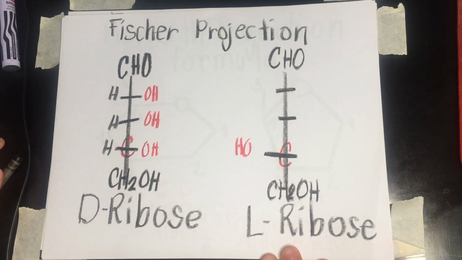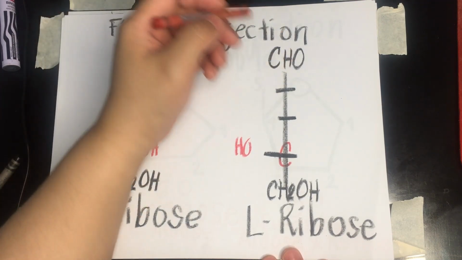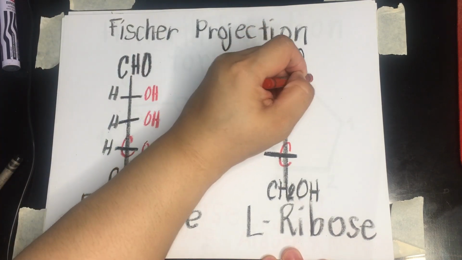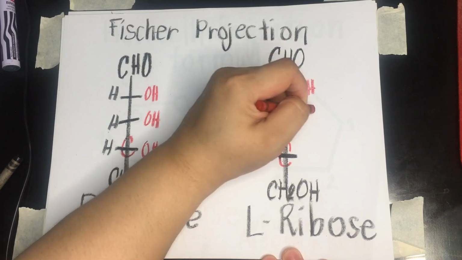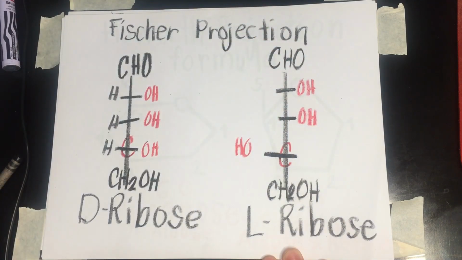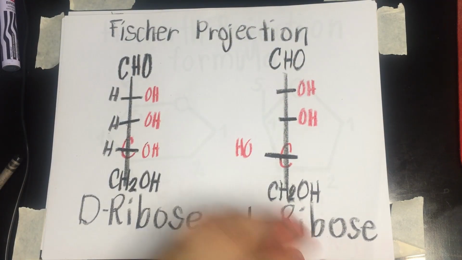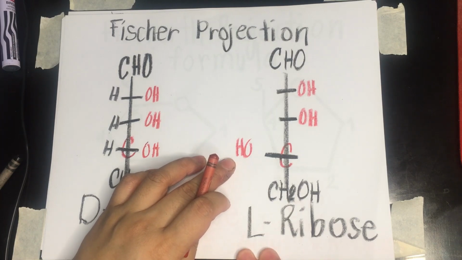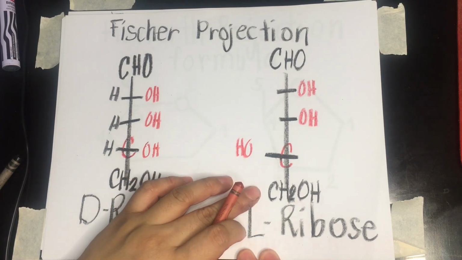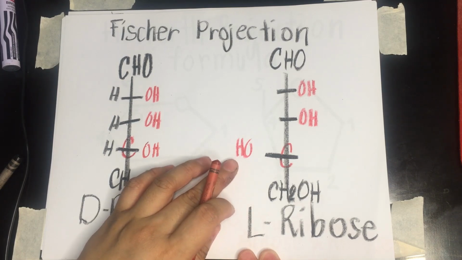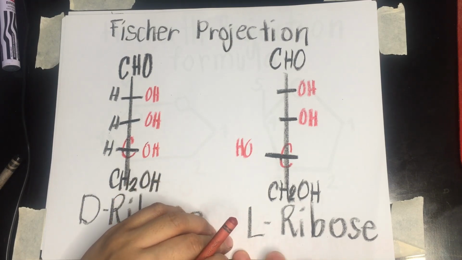Then we are going to continue the structures. As I mentioned a while ago, ribose is easy to memorize because they are on the right side. The only difference is that in L-ribose, the last carbon with a chiral center is on the left side because it is in the L configuration.